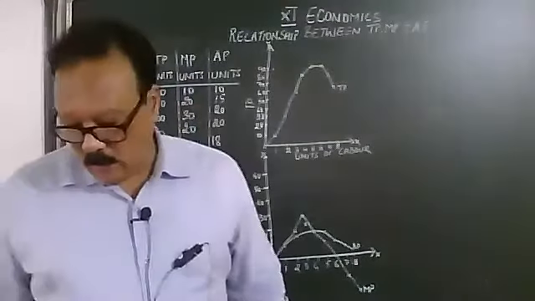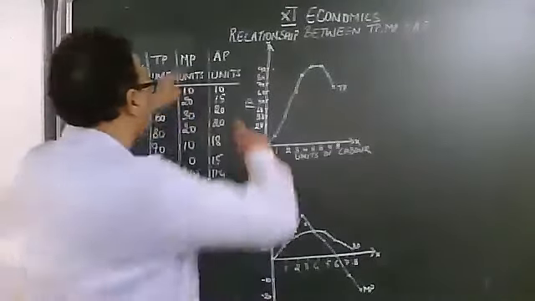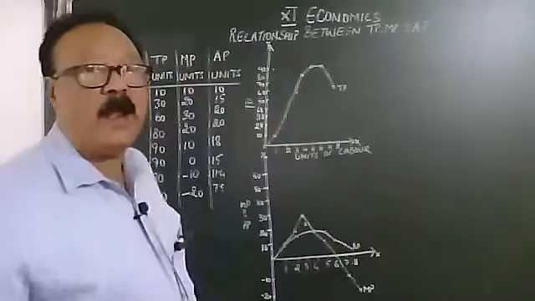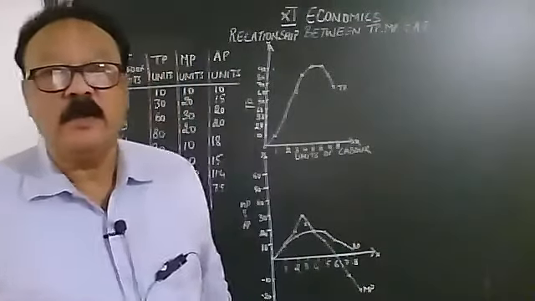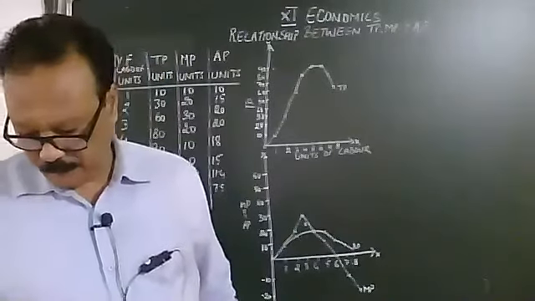Now you will write down the relationship between PP and MP. We will do two together. So the heading is relationship between PP and MP.